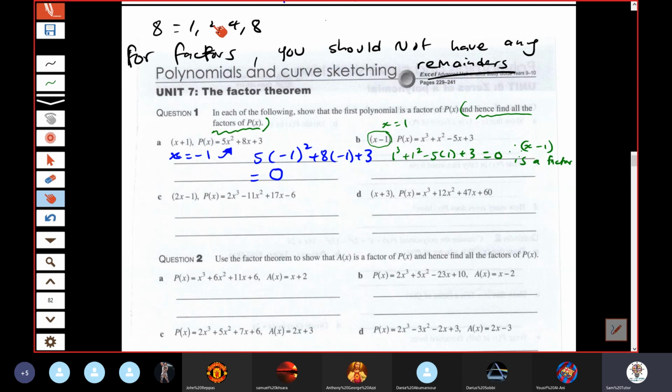Anthony, when you know 2 is a factor of 8, how do I find the other factor of 8? We divide. Yeah, 8 divided by 2. I was trying to say it in a way where I didn't say the answer.